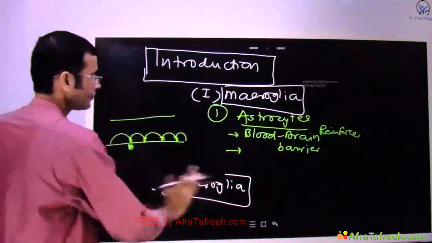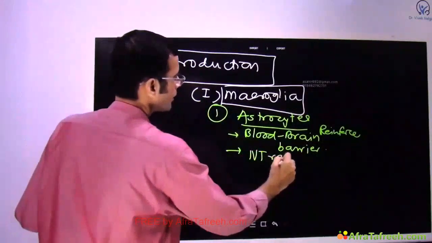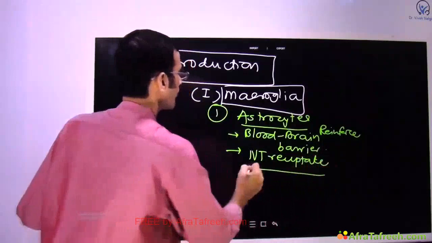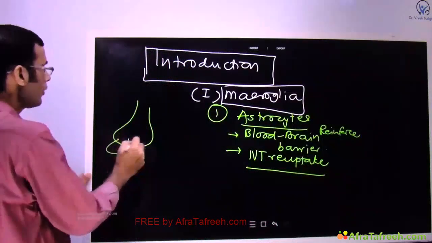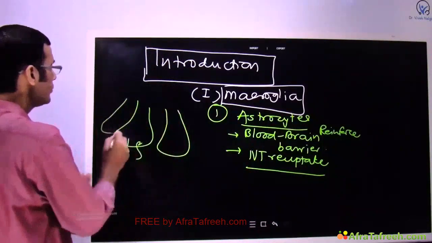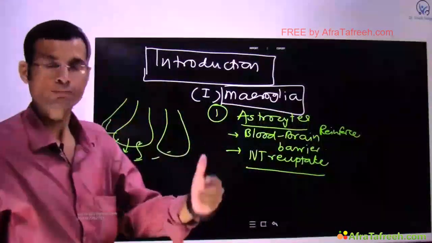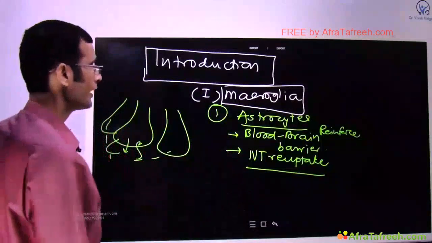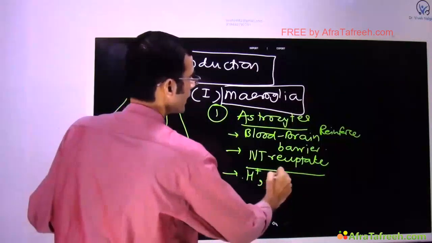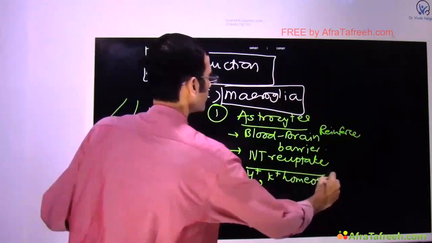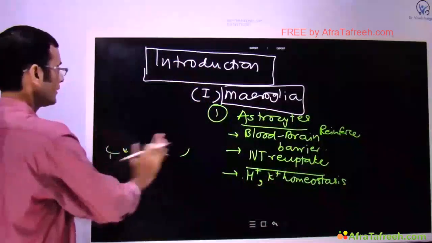Second function is that astrocytes are involved in neurotransmitter reuptake and redistribution. Once the neurotransmitter is released, reuptake of that neurotransmitter and redistribution among the various presynaptic terminals is also where astrocytes are involved. Astrocytes are also involved in H plus homeostasis and K plus homeostasis around the neurons. So a variety of functions are ascribed to the astrocytes.